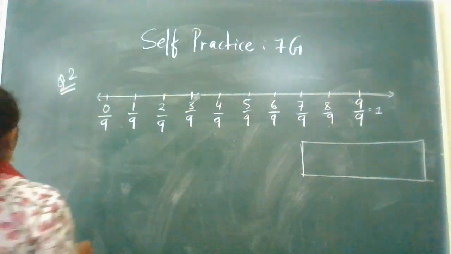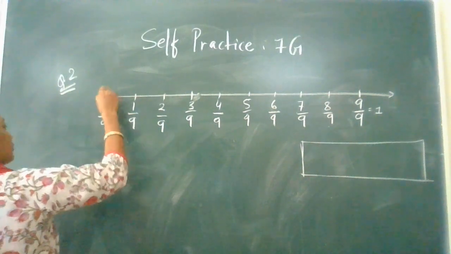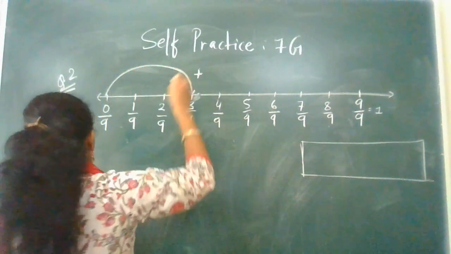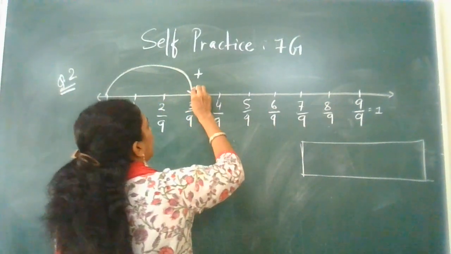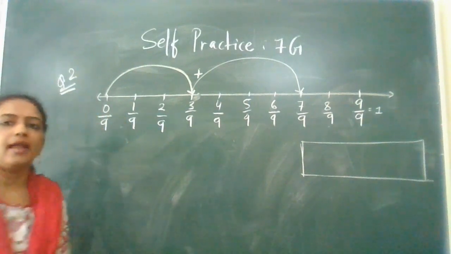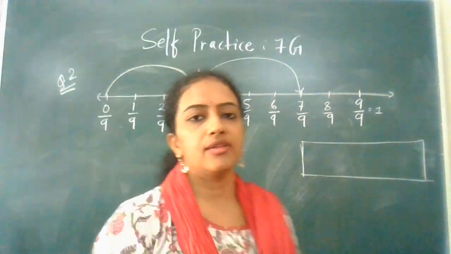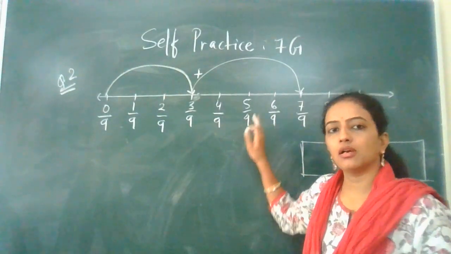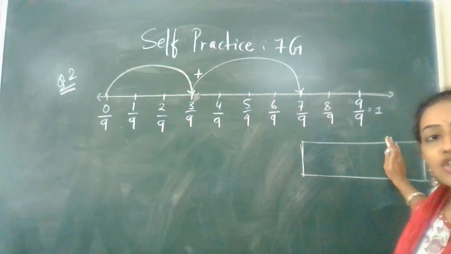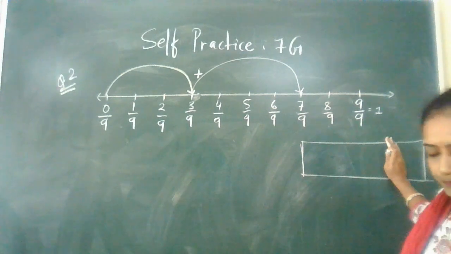Now the jump shows from 0 to 3 upon 9 this way. Here is the plus sign. Now it is jumping and going to the 7 upon 9. Now here the thing is, you are given the answer. You have to frame the addition sentence for the fraction.